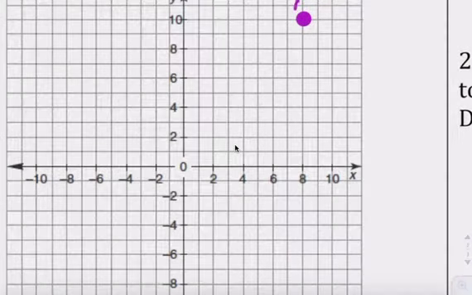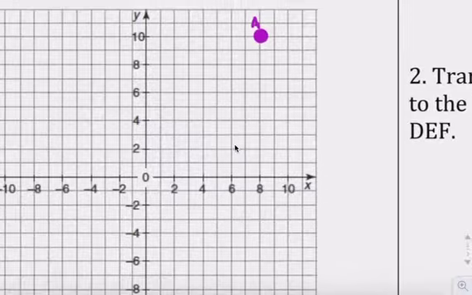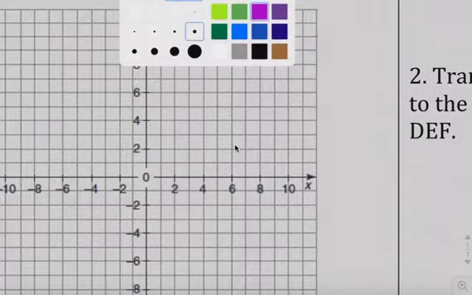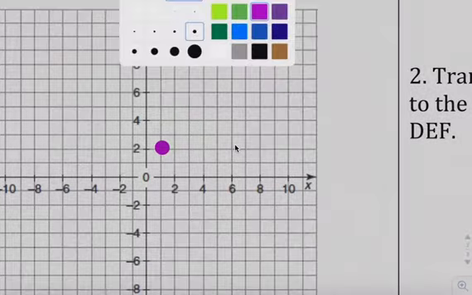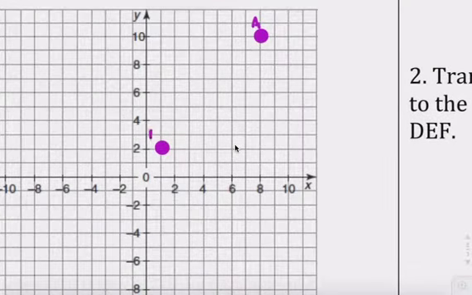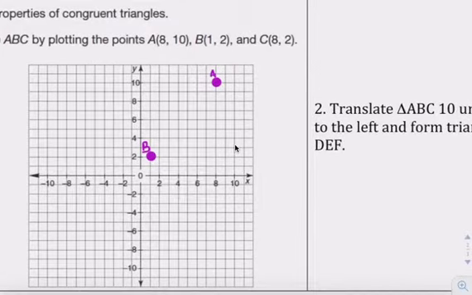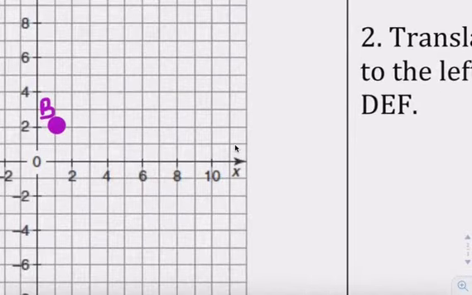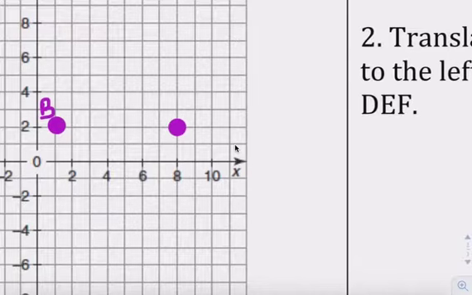So letter A. Then (1, 2) is letter B. And (8, 2) is letter C. Connect them.